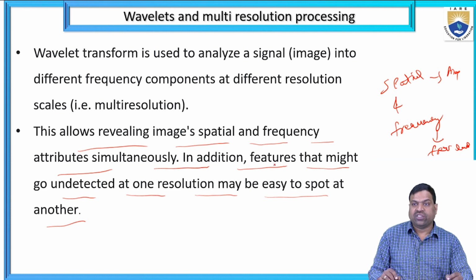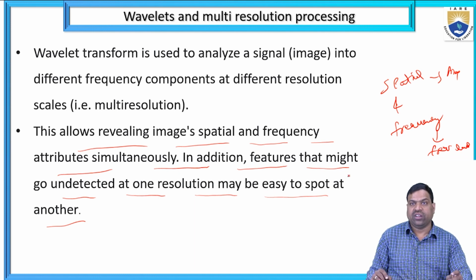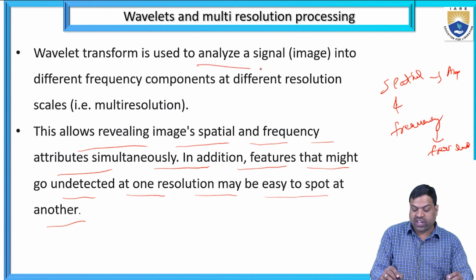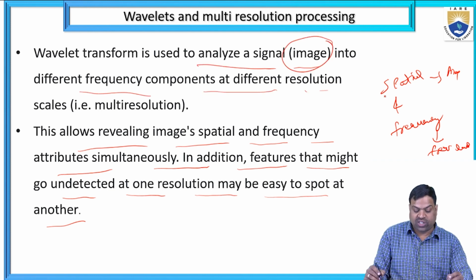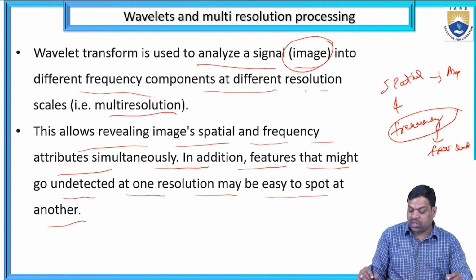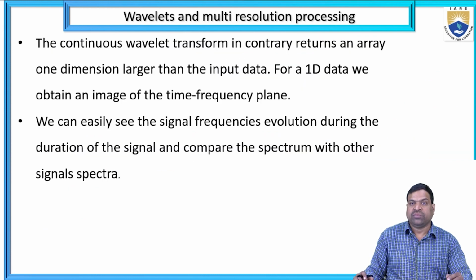Features that might be undetected at one resolution may be easy to spot at another. So it is the analyzing of a signal, meaning an image, into different frequency components at different resolution scales, which is called multi-resolution. Depending on your frequency levels, the multi-resolution value will occur.